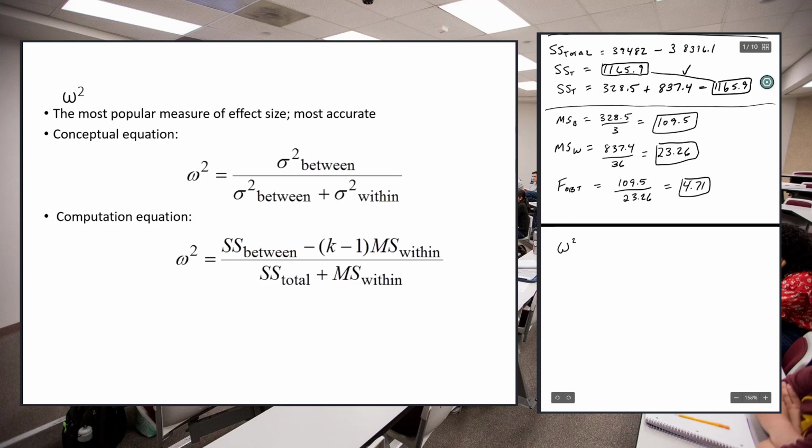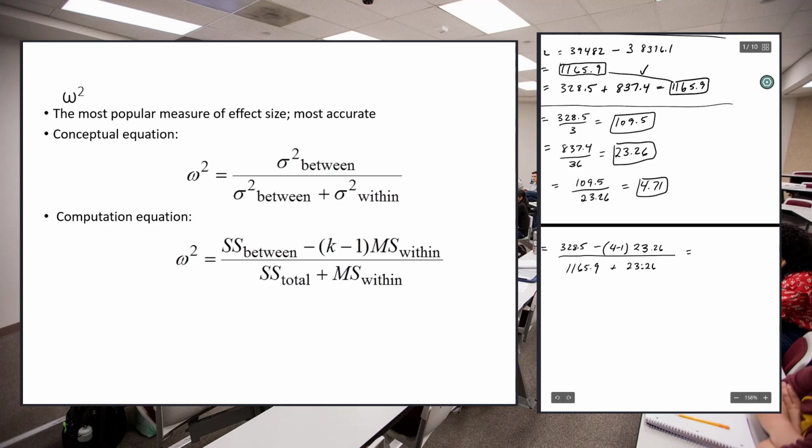Omega squared is equal to 328.5, which is our sum of squares between value, minus k minus 1, which is really just degrees of freedom, times the mean square within value, 23.26, over the sum of squares total, which was 1165.9, plus 23.26.